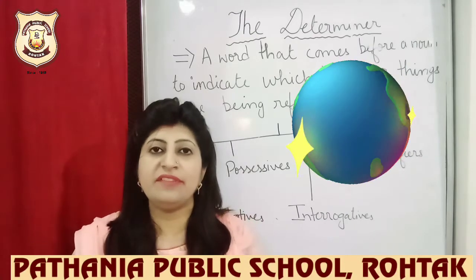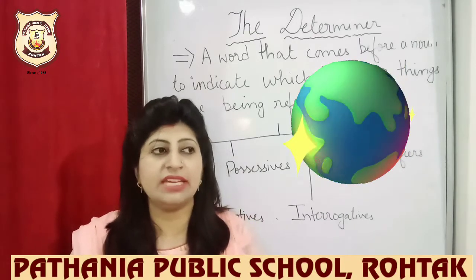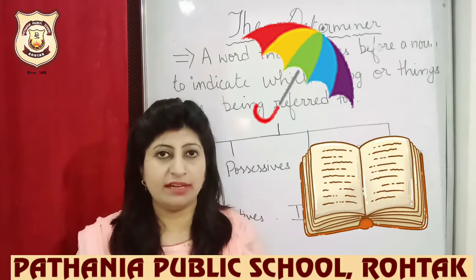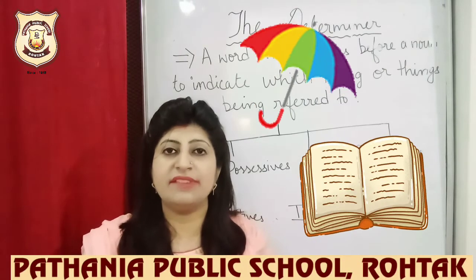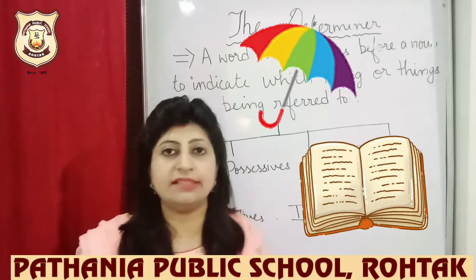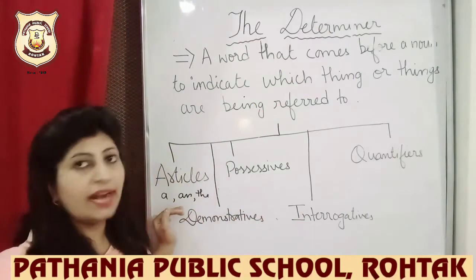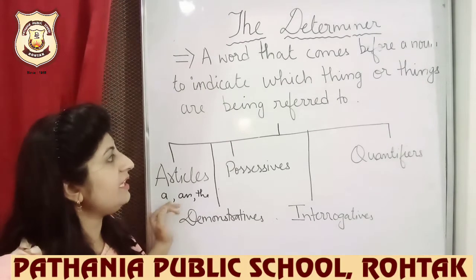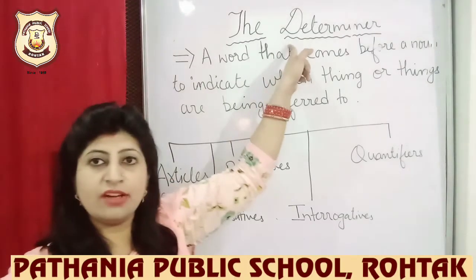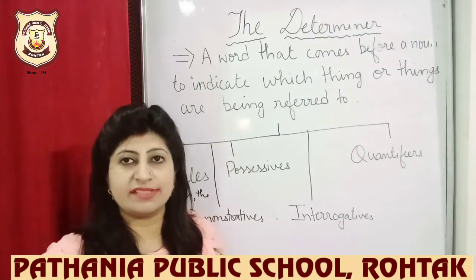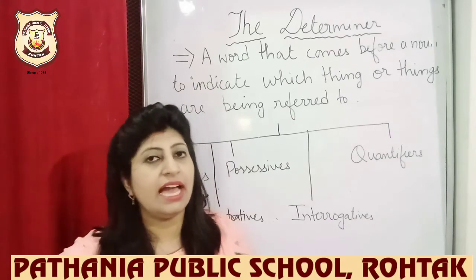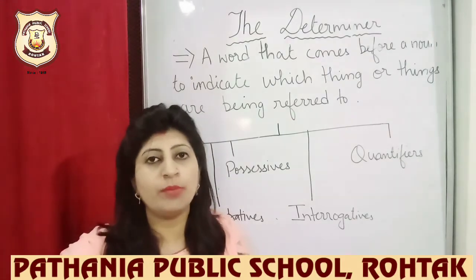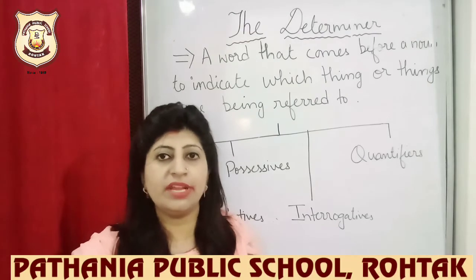And when we talk in general about a single thing, we say an umbrella, a book. All these words, a, an and the, come under articles, and articles in turn come under the heading of determiners. So you have already been using a and the, and it is a determiner that you probably have come to know today.